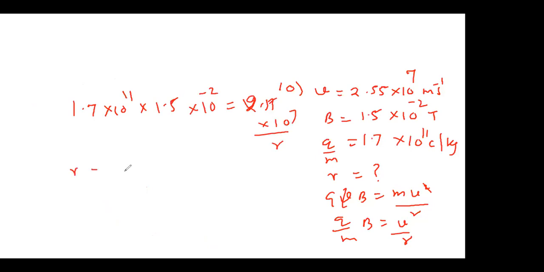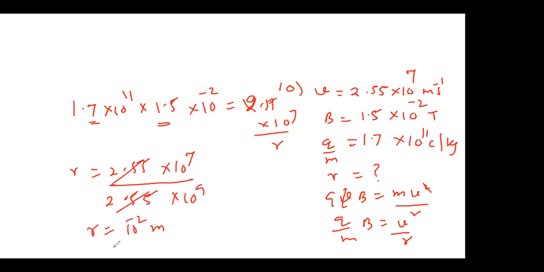So r is 2.55 into 10 raised to 7 upon 15 into 10 raised to 9, which is 10 raised to minus 2 meter, or you can say 1 centimeter. R is 1 centimeter. 1 centimeter is option C.